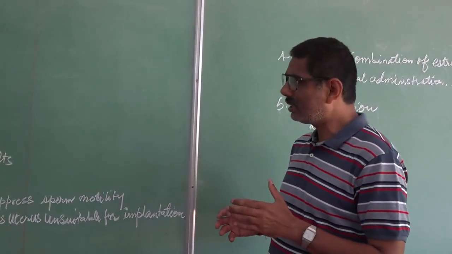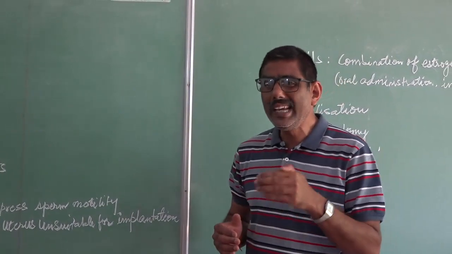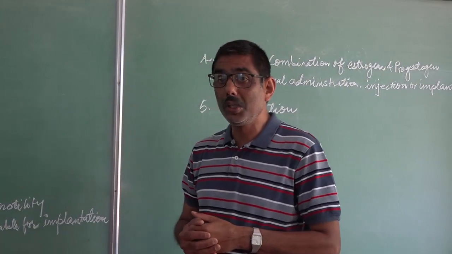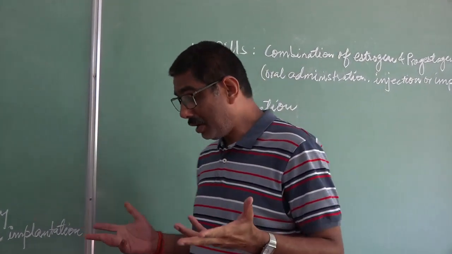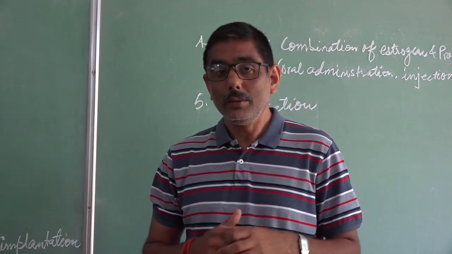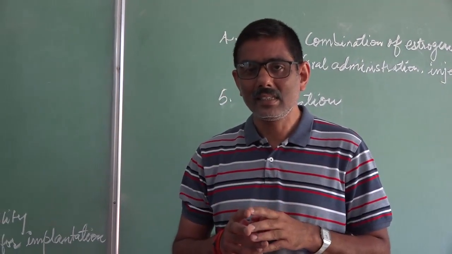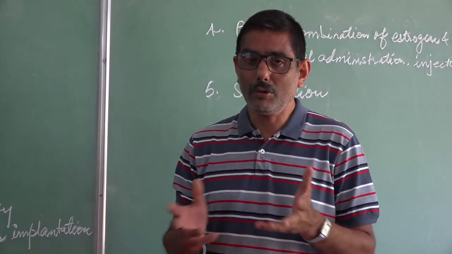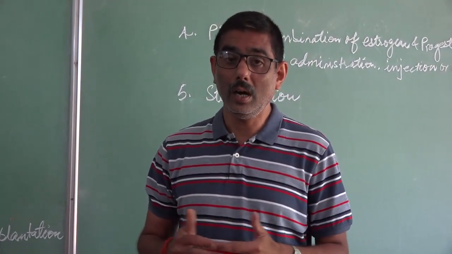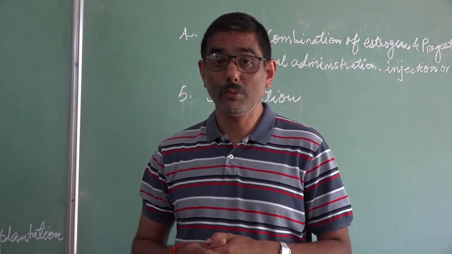It may also result in breakthrough bleeding. It may also cause irregular menstrual cycles, and it may also result in breast cancer. The chances are less, but we cannot rule out that the use of these contraceptives is harmful as well.